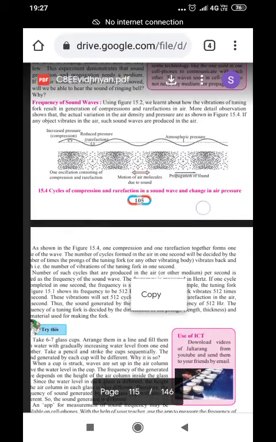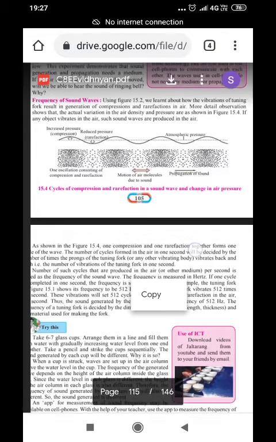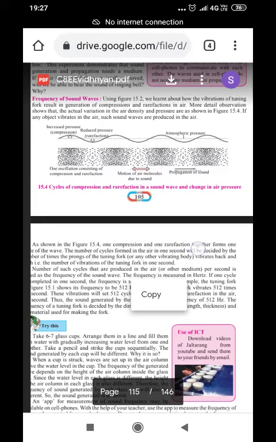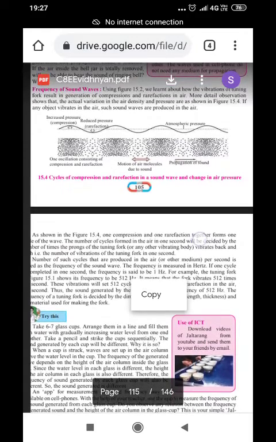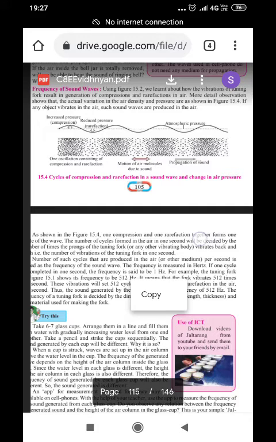Frequency of sound waves. Using figure 15.2, we have learned how vibration of a tuning fork results in generation of compression and rarefaction in air. More detailed observation shows that the actual variations in air density and pressure are as shown in figure 15.4.